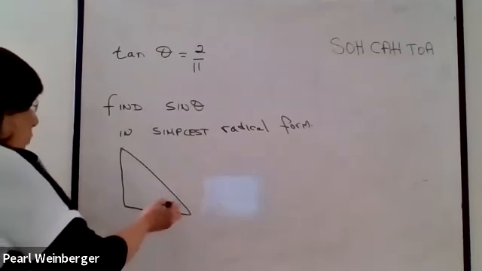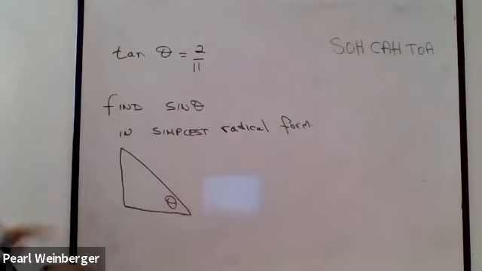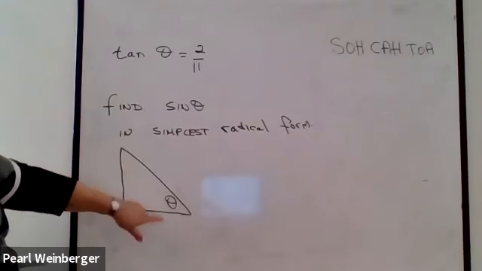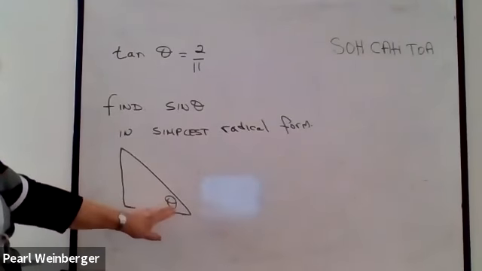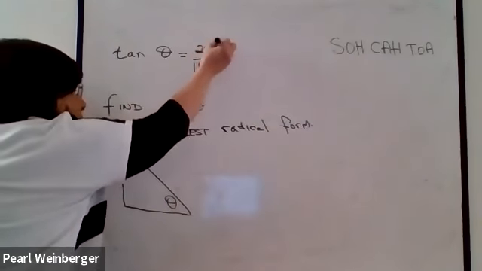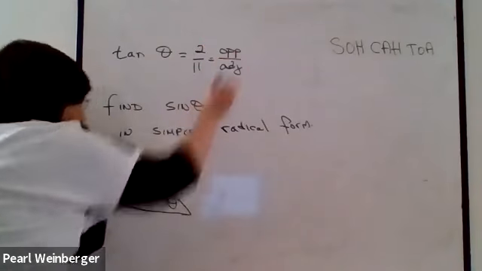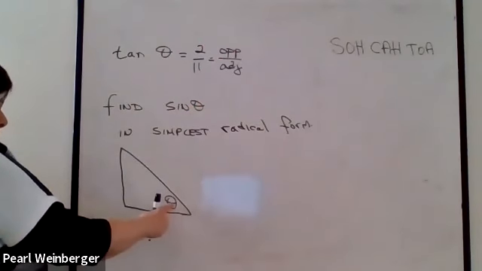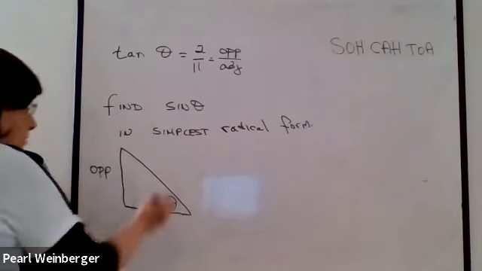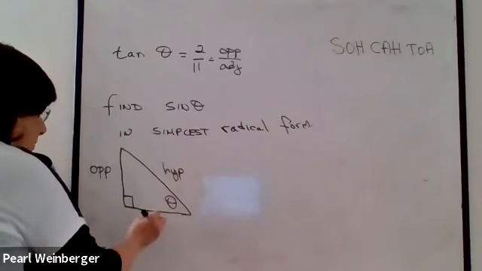Since they didn't tell me where to put theta, I always like to put it over here. It's convenient. If it's not, I can put it over here, but remember, if my angle is over here, then this becomes my opposite and this becomes my adjacent. Tangent is TOA, opposite over adjacent. In this triangle, if this is my theta, this is my opposite side. This is my hypotenuse, which is always across from the right angle. And this is my adjacent.